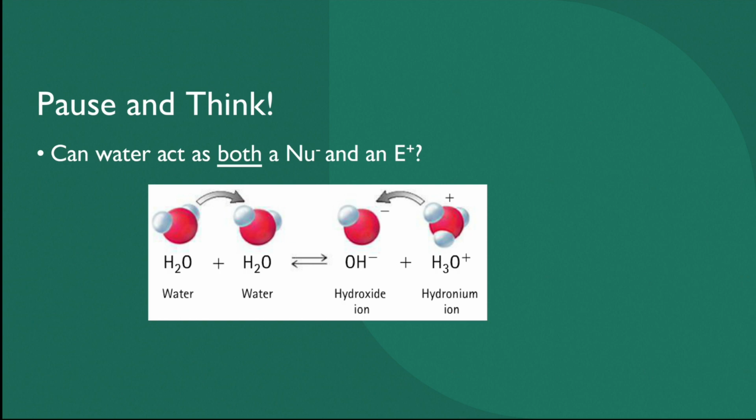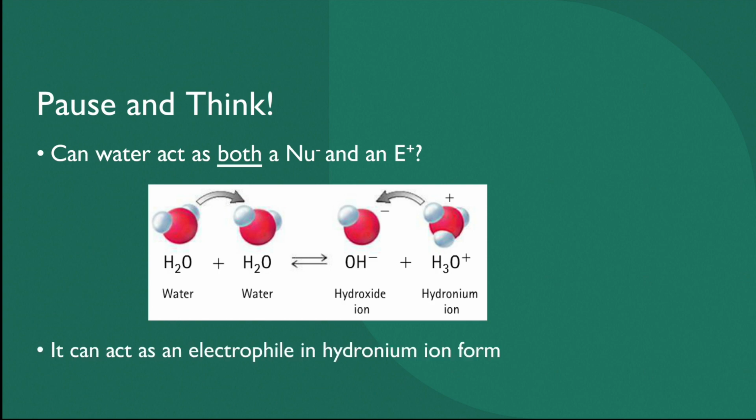Now, water is amphiprotic, and a small amount of it undergoes auto-ionization to produce hydronium and hydroxide ion. Hydronium ion is a very weak acid because it can act as a proton donor. Hydrogen ion has a positive charge and can accept a lone pair.